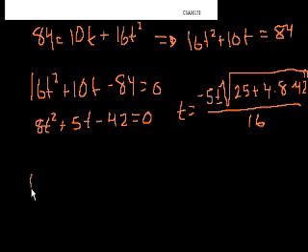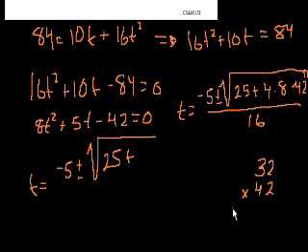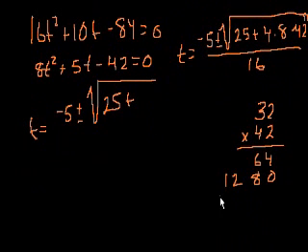So let's see where that gets me. t is equal to minus 5 plus or minus the square root of 25 plus 4 times 8 times 42. That's 4 times 8, which is 32, times 42. 2 times 32 is 64. Put a 0. 4 times 2 is 8. 4 times 3 is 12.